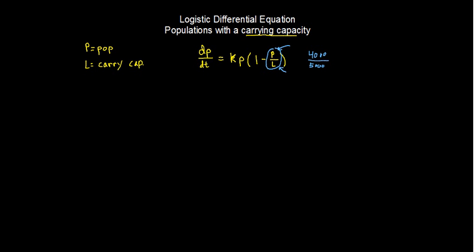And as that fraction gets closer and closer to 1, these parentheses get closer and closer to 1 minus 1, which is of course 0, which means your change in population would be getting smaller. So as your population gets bigger, the change in the population actually gets smaller, which makes some sense because that would mean you can't get past your carrying capacity.